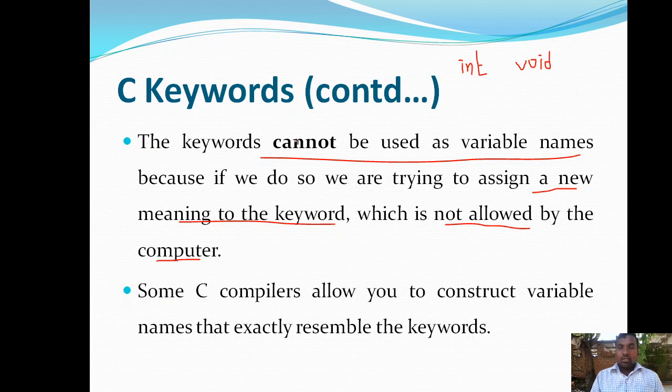But coming to the keywords, the keyword meanings are already defined in the compiler. We are not supposed to change the meaning of a keyword. We are not supposed to change the value of the keyword.